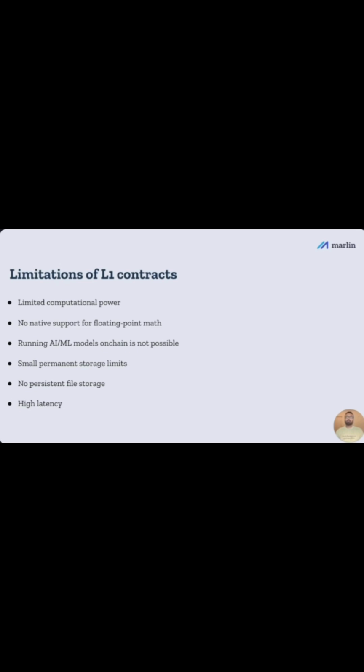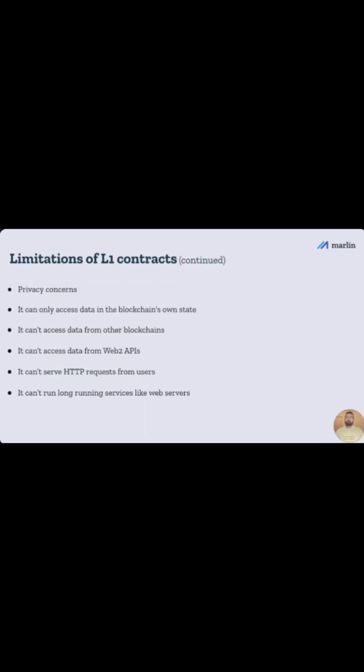Deploying large programs on chain is also pretty difficult due to the small permanent storage limits enforced by smart contracts. There's also no persistent file storage capability, meaning that you can't store files like graphics, audio, or video directly on chain. Blockchain networks also suffer from high latency. Ethereum, for instance, processes only about 15 transactions per second, which is actually a lot slower than a typical CPU.